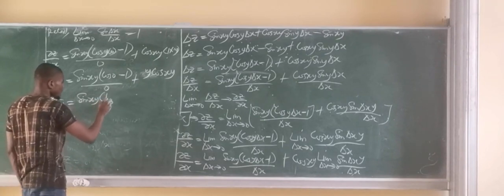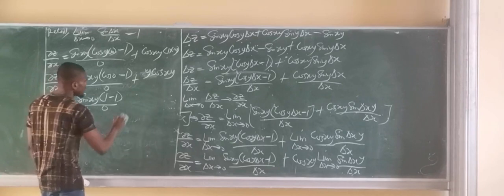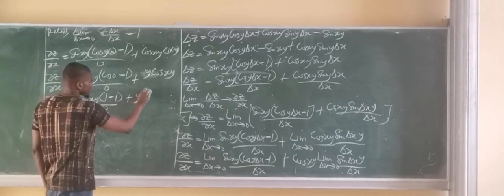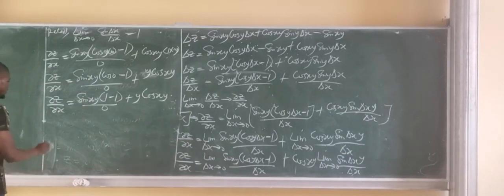Cos 0 is 1, so 1 minus 1 is 0, and sine xy times 0 over 0 gives 0, plus y cos xy.